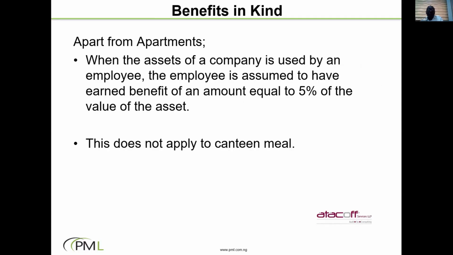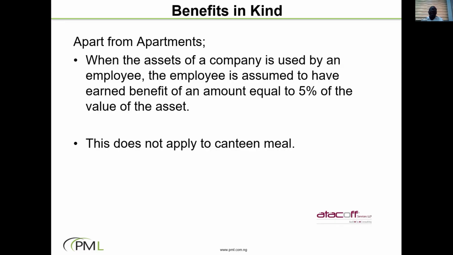Let's talk about benefit in kind. Benefit in kind is now very sensitive, and it will impact a lot of us really if they decide to enforce it to the letter. When the asset of a company is used by an employee, the employee is assumed to have earned benefit on an amount equal to 5% of the value of that asset.